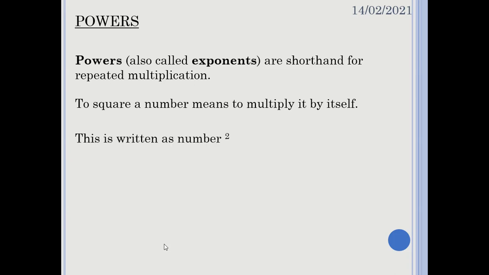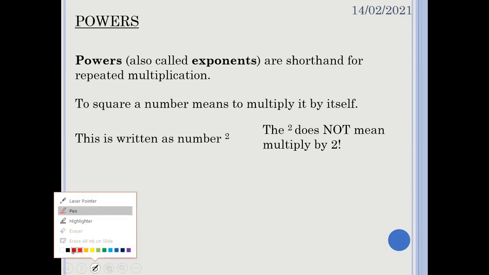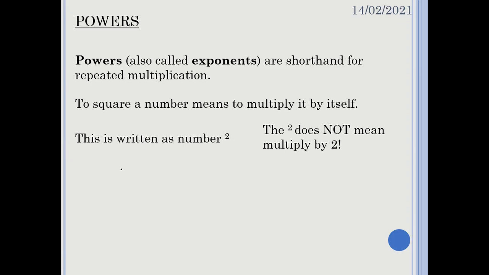And we've got a special way of writing that. We write it as a small number 2. Now, a very important part about working with squares is that it doesn't mean multiply by 2.